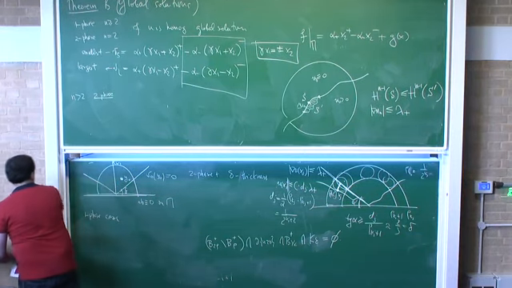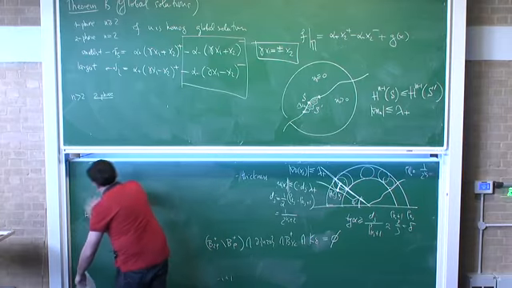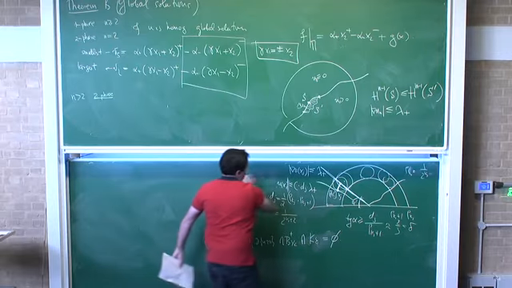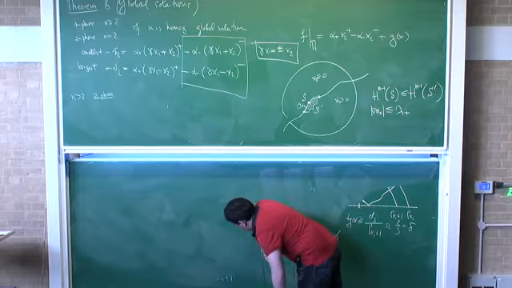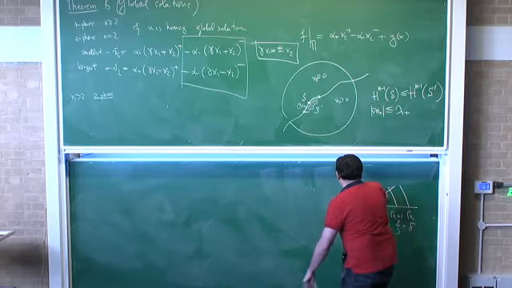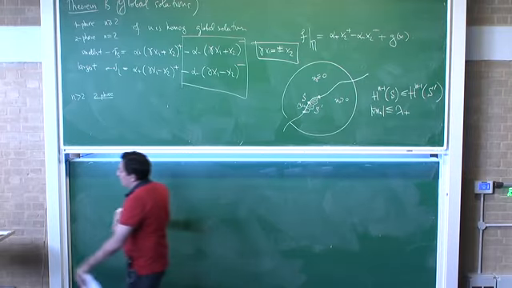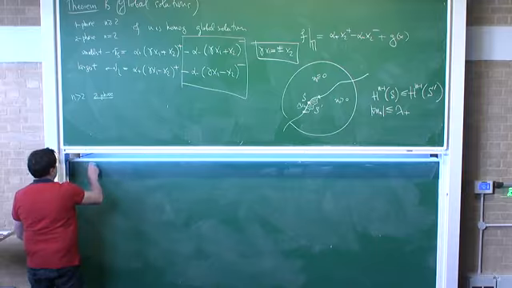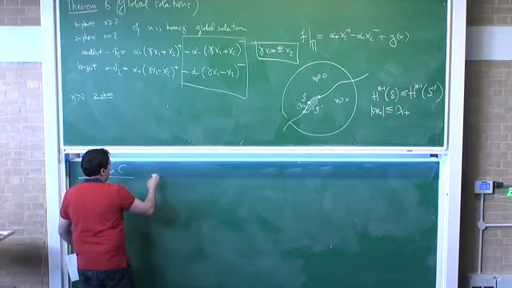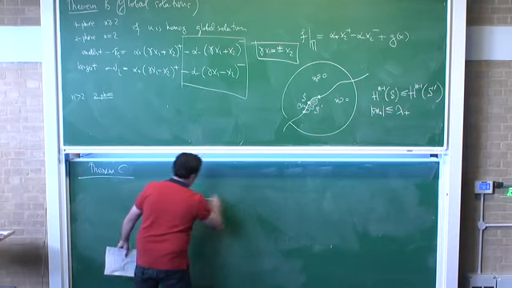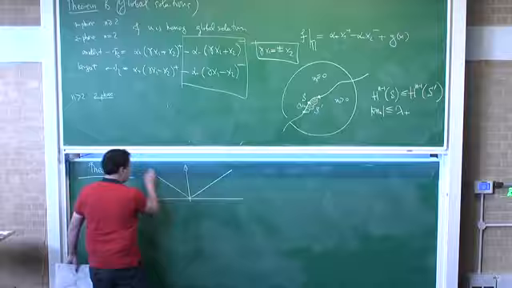It says that under the conditions above, I have the following limiting wedge configuration. So let's call this theorem C. Now, think that these are the free boundaries.